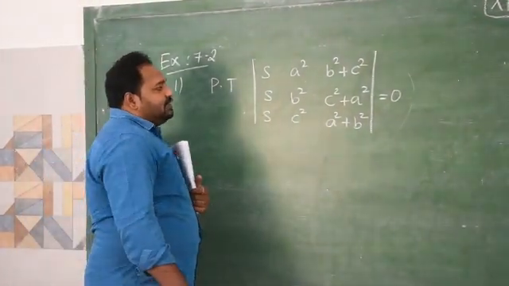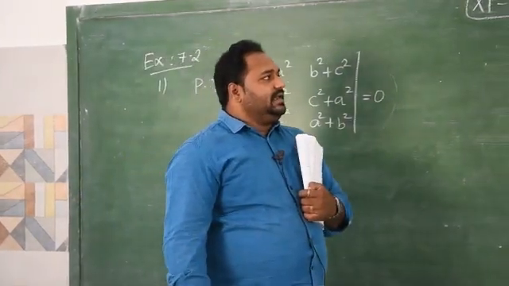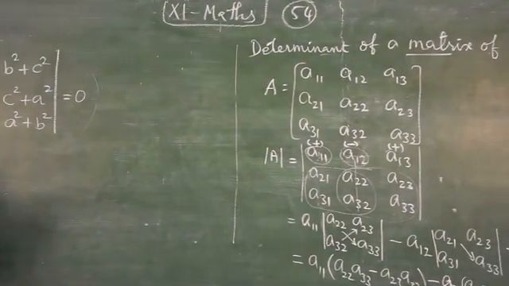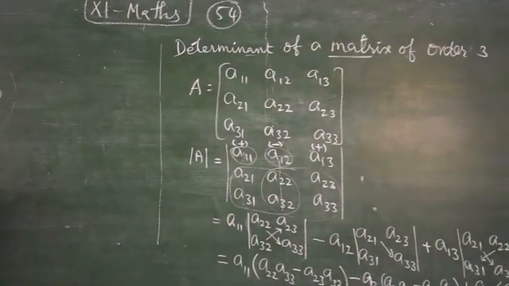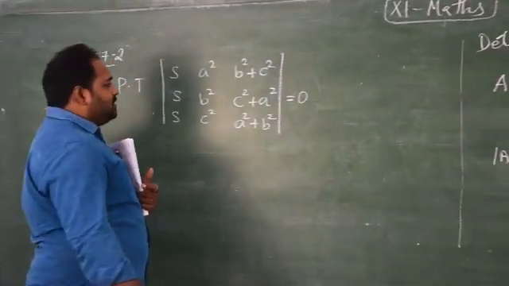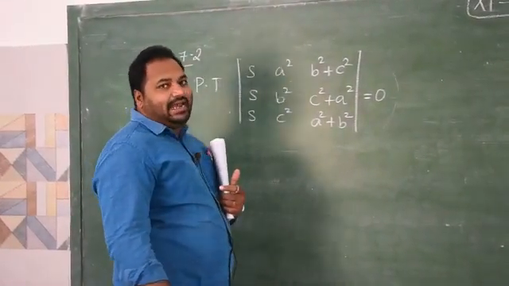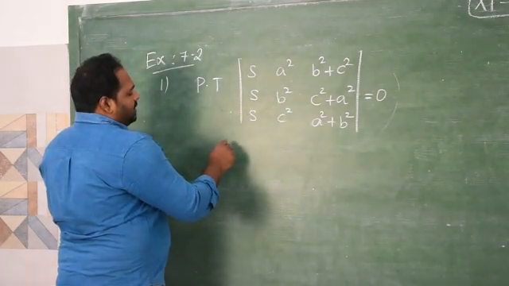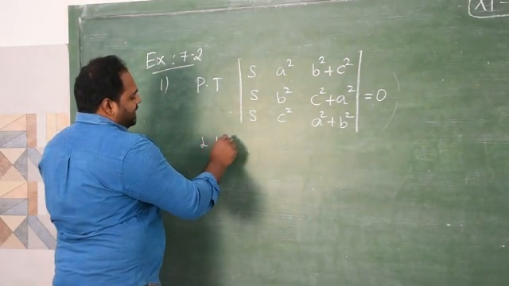Anyway, in the determinant, we can have some changes. I told you already in the property, in the determinant we can have changes in the rows and columns, and that will not affect the value. So here I am going to take the LHS side and prove the RHS side.